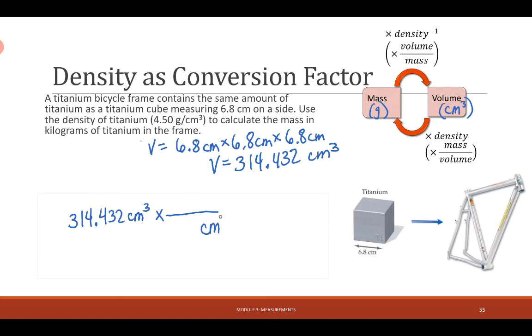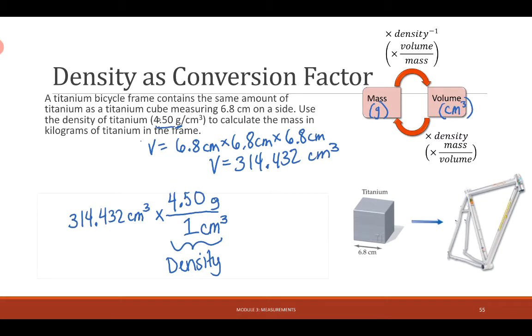And then I need to cancel out my centimeters cubed, and I need to get to grams. And so this is my density as a conversion factor in dimensional analysis. The 4.50 is attached to the G. And so I need to write my 4.50 attached to the G. Any number divided by 1 is itself.